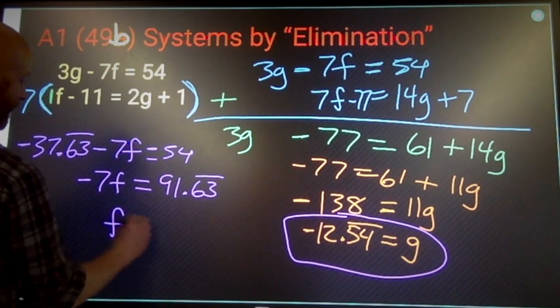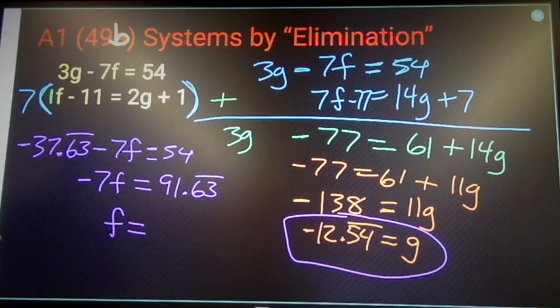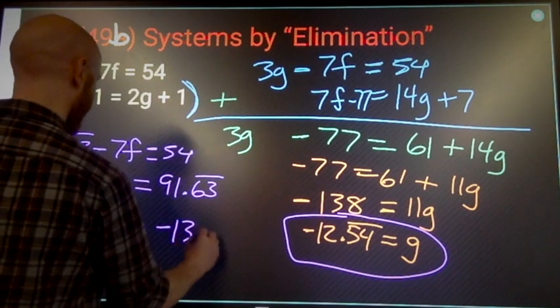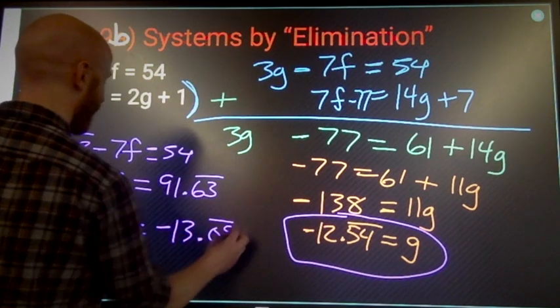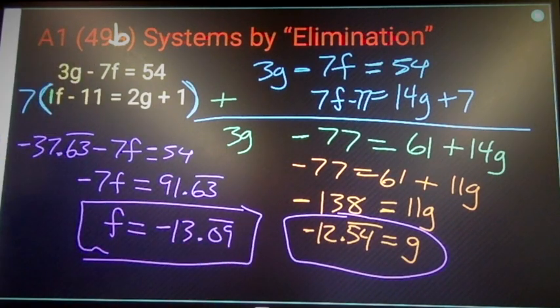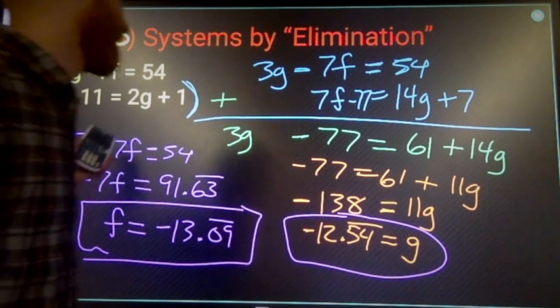We'll have f equals negative 13.09 repeating. All right. Again, if you don't like your numbers because of the decimals, double check.